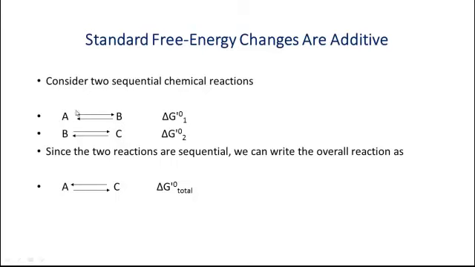For example, the reactant A gives rise to the product B and B changes to the product C, which means that the overall reaction can be written like this, that it is actually A which is converted into C. So in this kind of reaction, each intermediate step has its own value of standard free energy, and these values can be added to each other to find out the total value of the standard free energy.